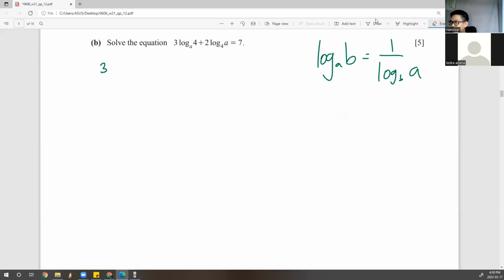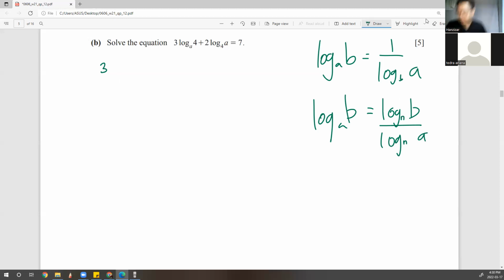I keep the formula, but you don't have to write it down. The a below, the b above, so it can be written as log b over log a. This can be anything; it depends on what you prefer.